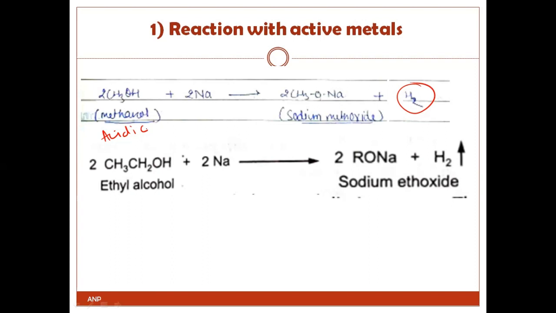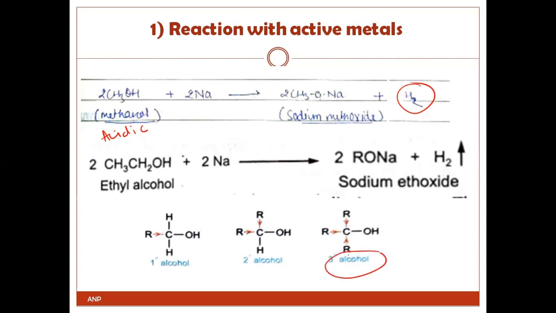So, which one is more acidic: primary alcohols, secondary alcohols, or tertiary alcohols? Tertiary alcohols are less acidic than secondary alcohols, whereas secondary alcohols are less acidic than primary alcohols.